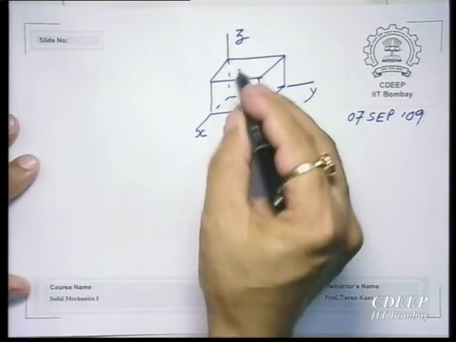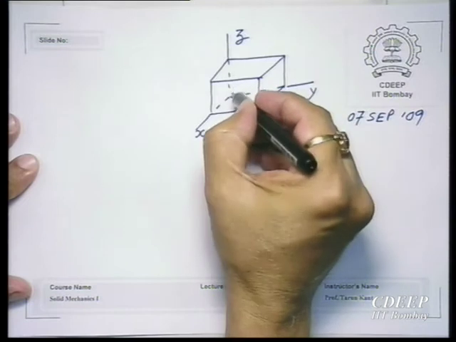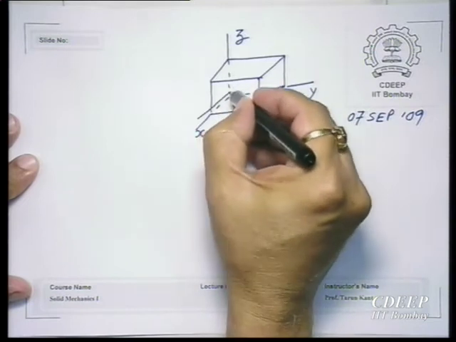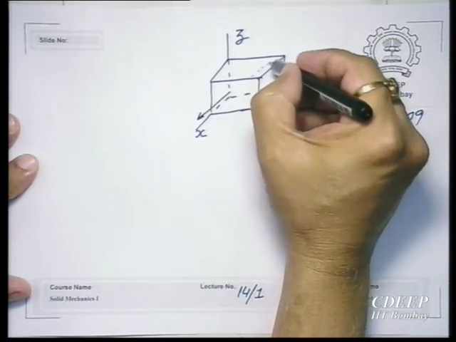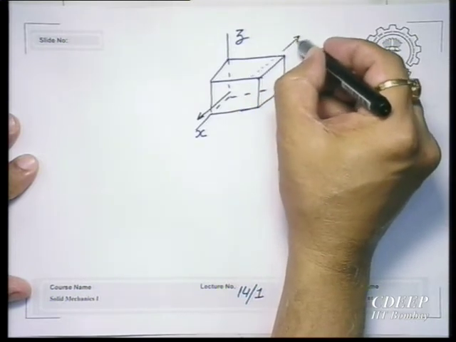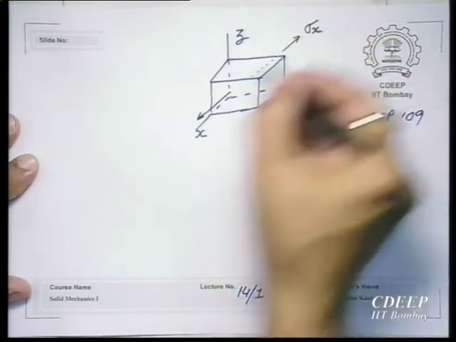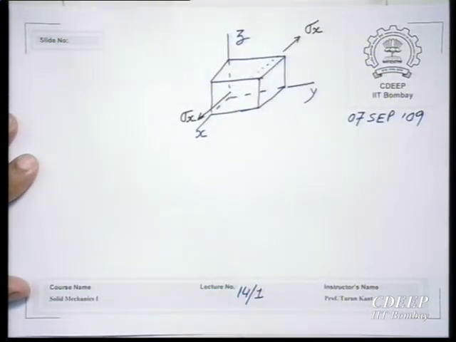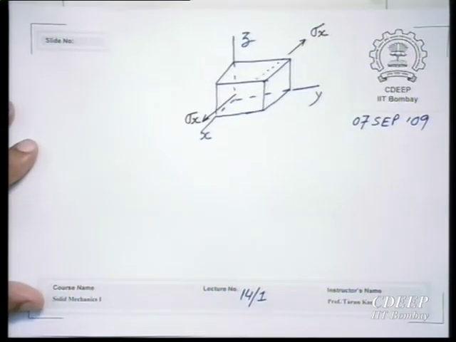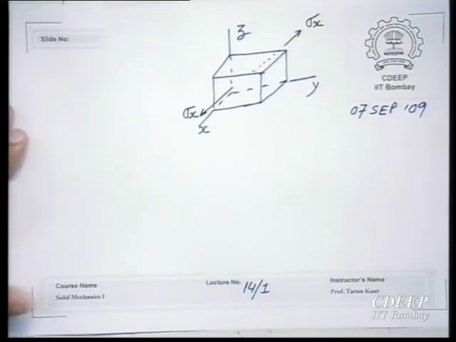apply one normal stress here, let us say in x direction, this was free of any stress before the application of this sigma x. So, when you apply sigma x, then what will happen?